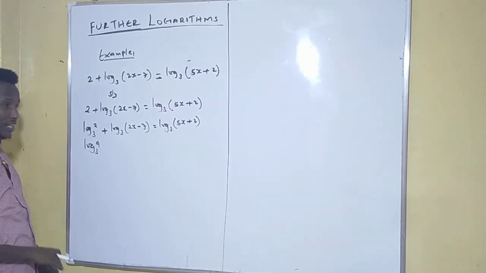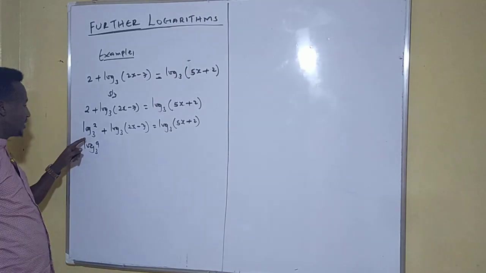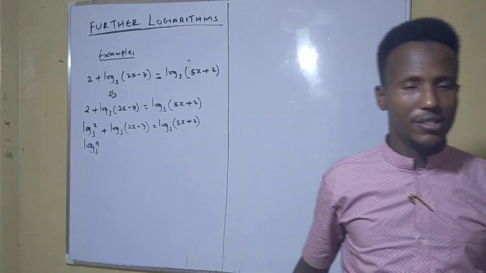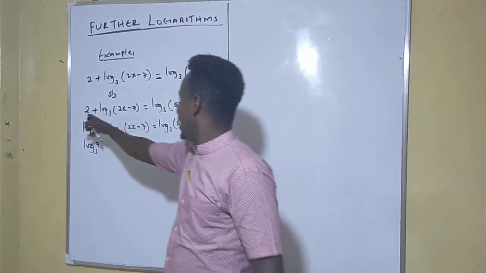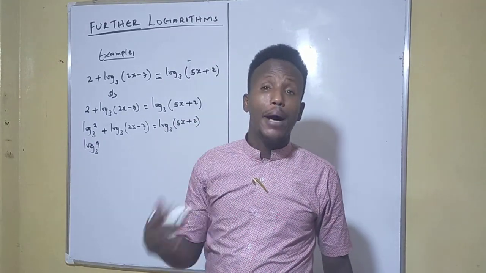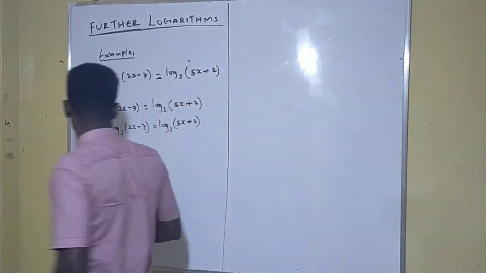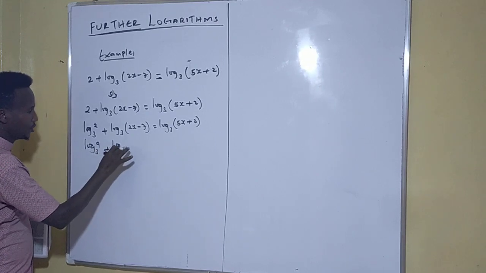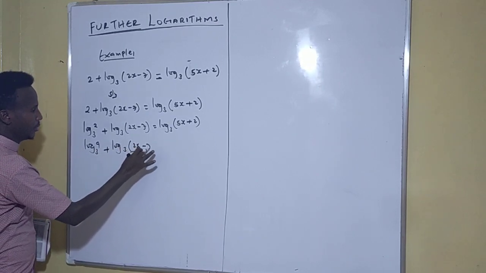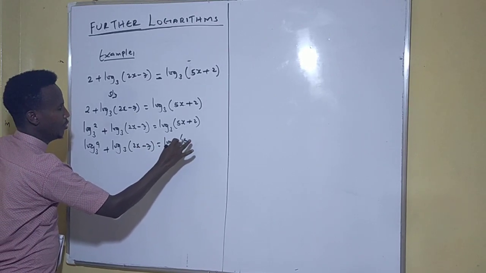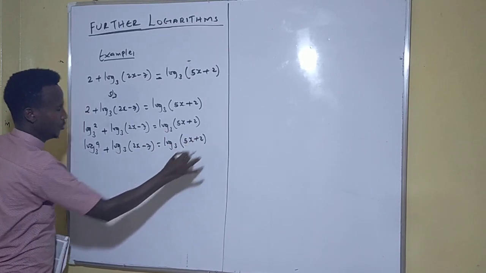Do you know why I'm saying 9? Because 3 power 2 is 9. You only place the 2 we had here on top of the 3. So we have log base 3 of 9, plus log base 3 of (2x minus 7), is equal to log base 3 of (5x plus 2).